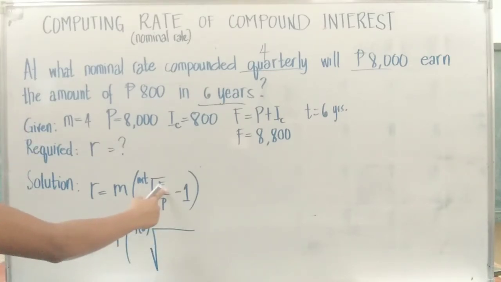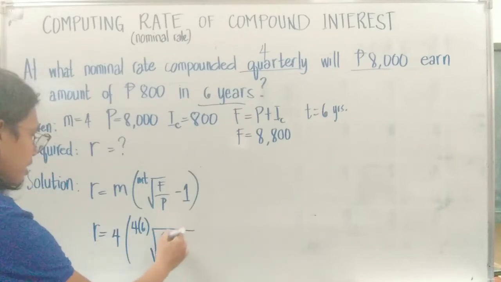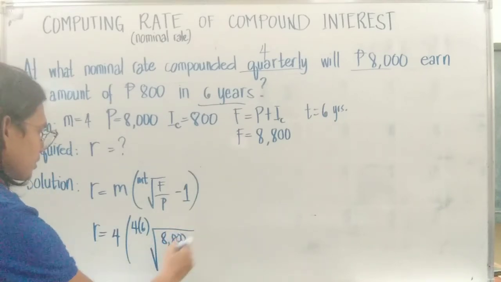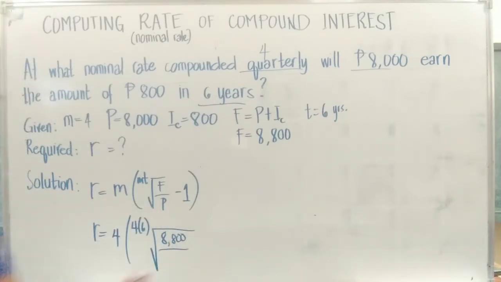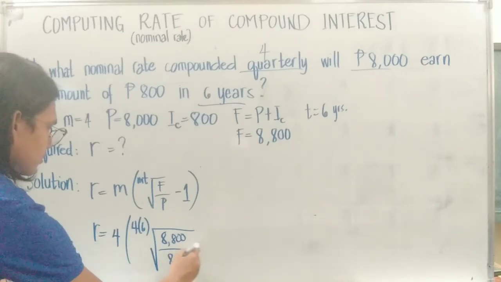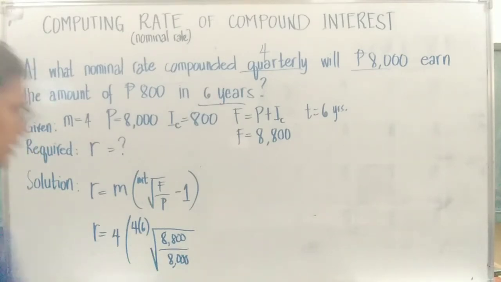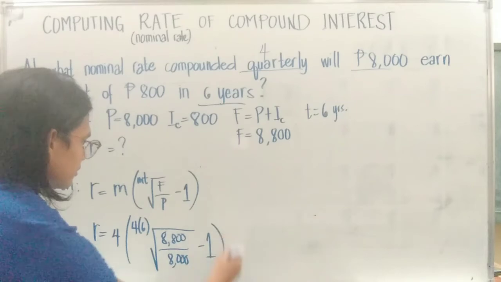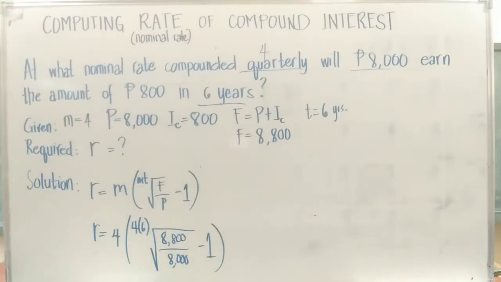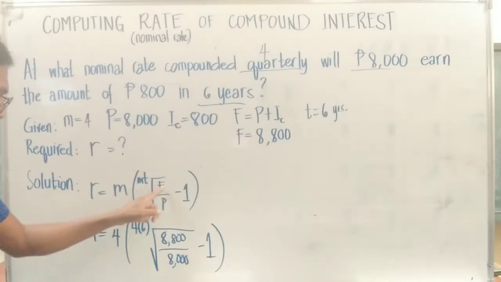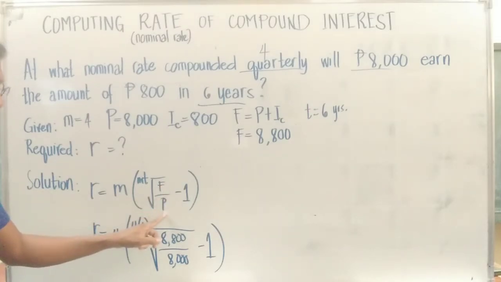Then f is equal to 8,800 over p, which is equal to 8,000, minus 1. So if you do not have any scientific calculators, the first thing that you will have to solve is f divided by p.